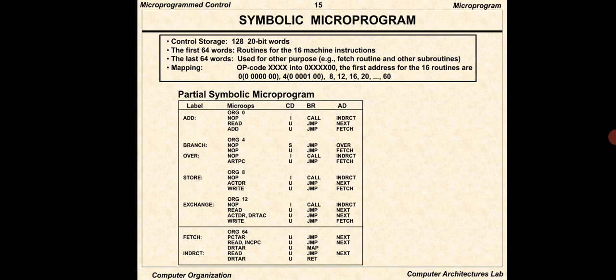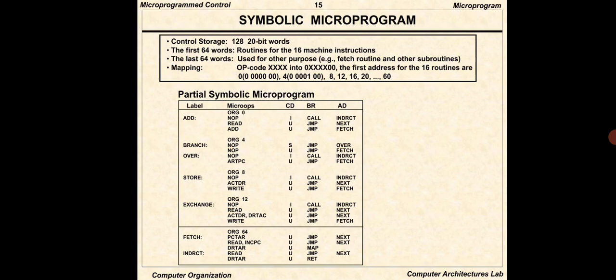In between is your mapping, so the first addresses of the 16 routines are 0000 to 00100. So the control storage memory consists of a total of 128 words, and each word is 20 bits.